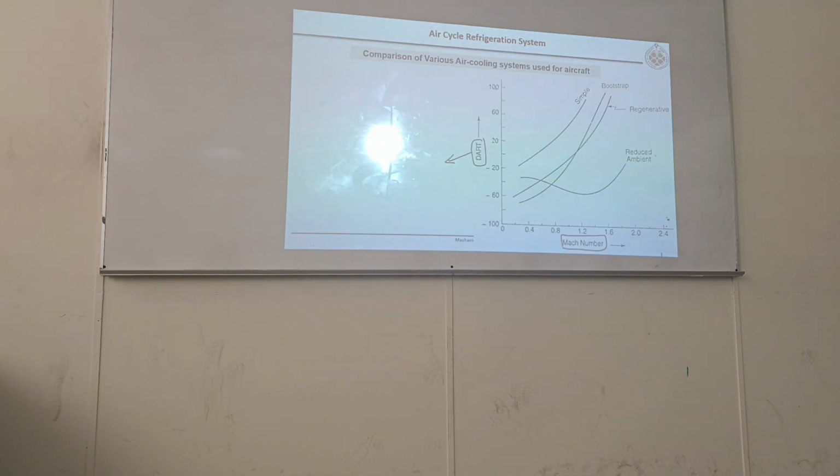Okay. So you see here, for example, this is what we want for normal passenger aircraft, or lower than this, but at maximum 20 degrees Celsius air must be entering for cooling purposes. You see normal passenger aircraft velocities are in this range. A Mach number of 1 means the velocity of sound.